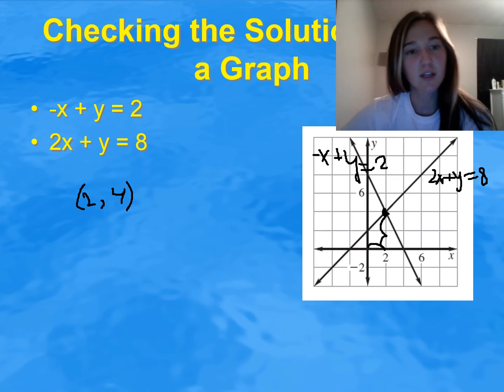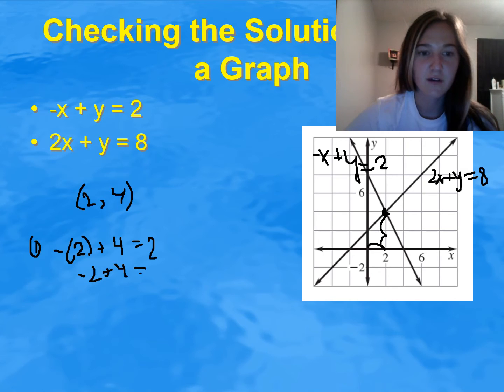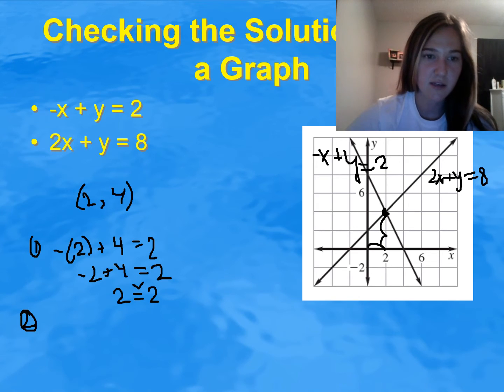We should always check that though. So let's plug it into the first equation. Opposite x, so we plug in 2 there, plus our y value, which is 4, equals 2. So does -2 plus 4 equal 2? And you always want to show the last step, so 2 equals 2. Let's check the second equation. 2 times x, and our x is 2, plus y.